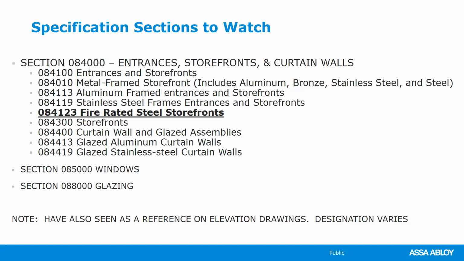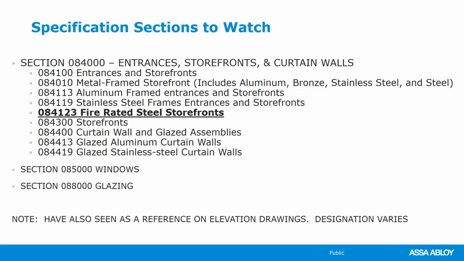The other thing we have found in our project services groups is that we see it as a reference on elevation drawings. We see different designations and different ways that the product can be identified or called out by an architect.